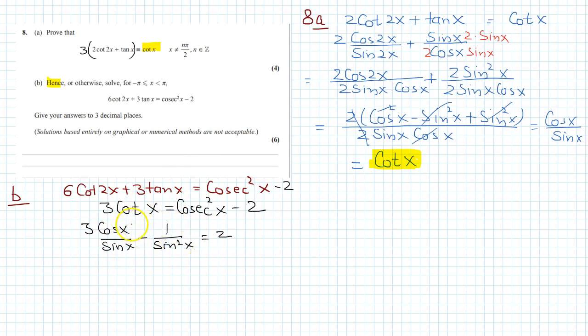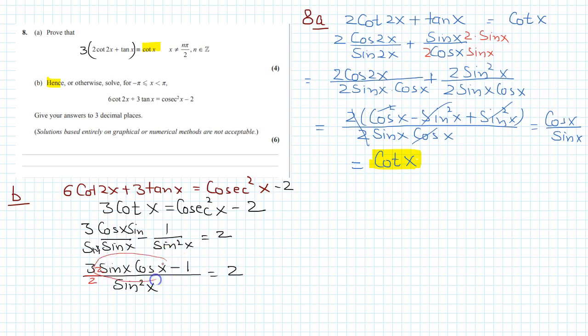This is sin square x, so I have to multiply sin and sin here. So our denominator is sin square x. This is 3 sin x cos x minus 1 is equal to 2. 3 sin x cos x, I can multiply it by 2 and divide by 2.